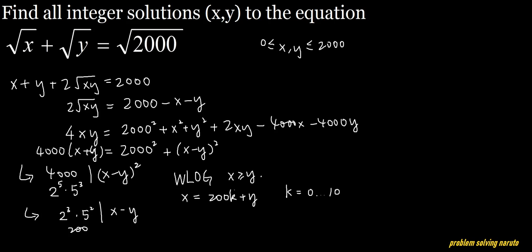So far so good. The next step is to substitute this relation into here. We get 4000 times (200k plus 2y) equals (2000) squared plus 200 squared k squared. Let's simplify by dividing everything by 200 squared.